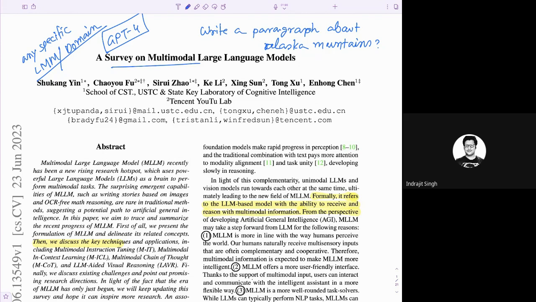Just to answer Bonik's question on whether these LLMs are specific to a domain, has anyone heard about BloombergGPT? Okay, Rahul, Ajay, everyone has heard about it.